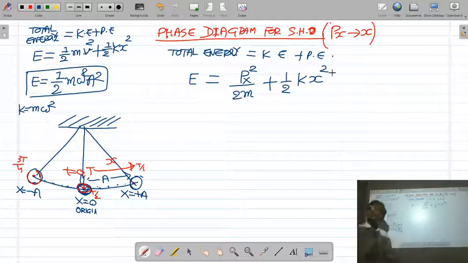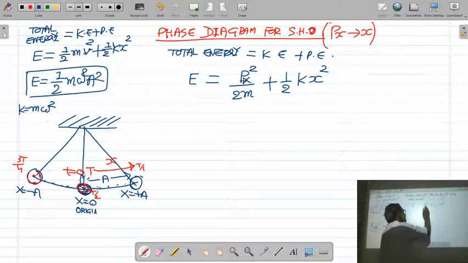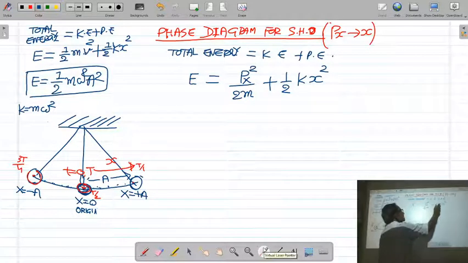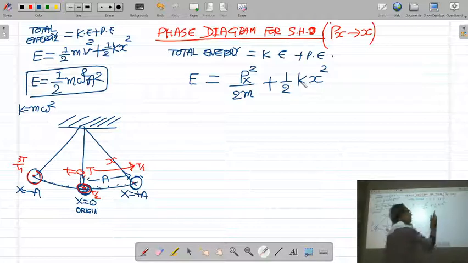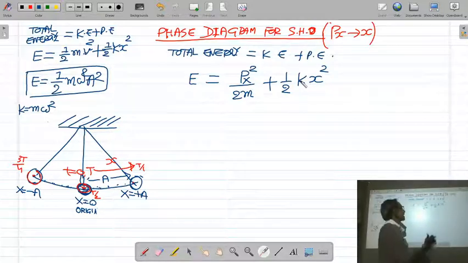This is the equation of the total energy of the oscillator. You know each and every term. k is the force constant, which is equal to m omega square, x is the displacement of the oscillator, and px is the momentum of the oscillator.